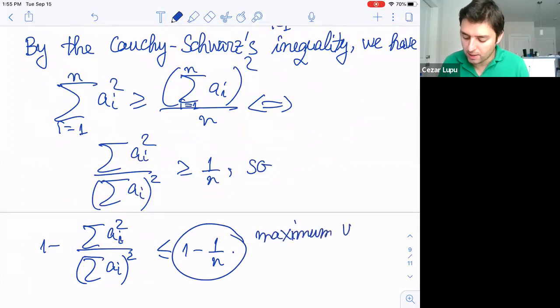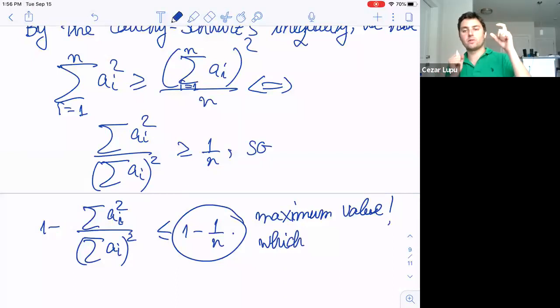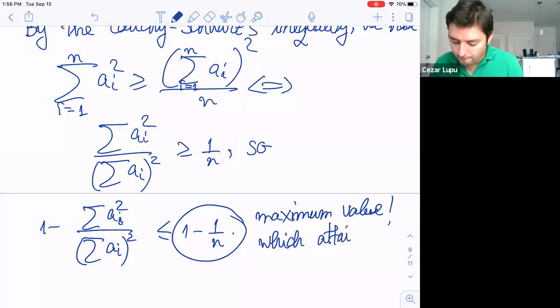And the question is, why is this the maximum? Is it attained? When is it attained? It is attained when we have equality in the Cauchy-Schwarz inequality. When do we have equality in Cauchy-Schwarz? Well, when those are proportional, which is attained for all these A_i equal to 1 over n.